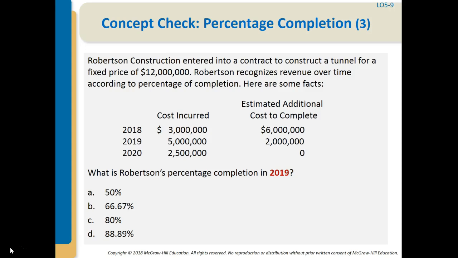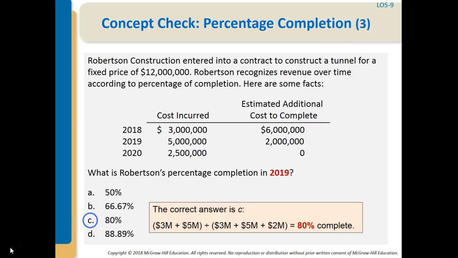What is Robertson's percentage completion in 2019? 80% complete. We've got the $3 million plus the $5 million, and then from there we divide that by the $3 million plus the $5 million plus the $2 million of estimated additional cost to complete.